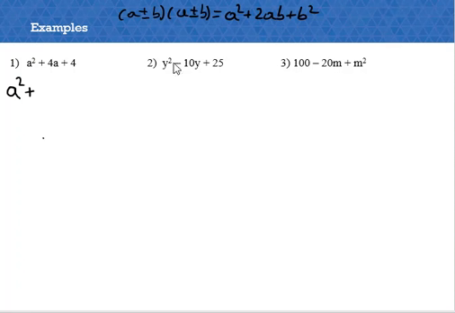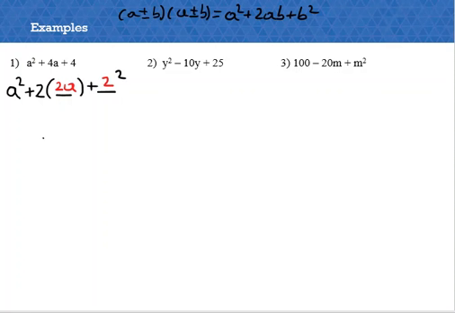So we can reference that. So a squared, and then it's going to be plus 2 times something that we're going to fill in plus something that we're going to square. So 4a divided by 2 is 2a, and 2 squared is 4.